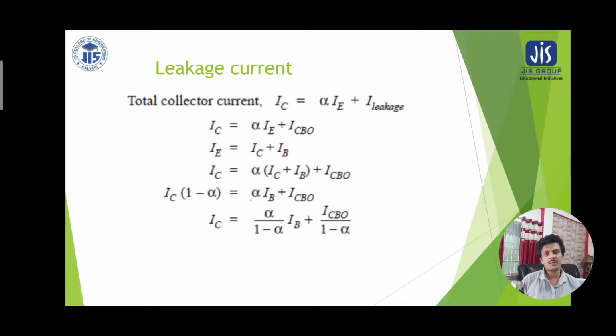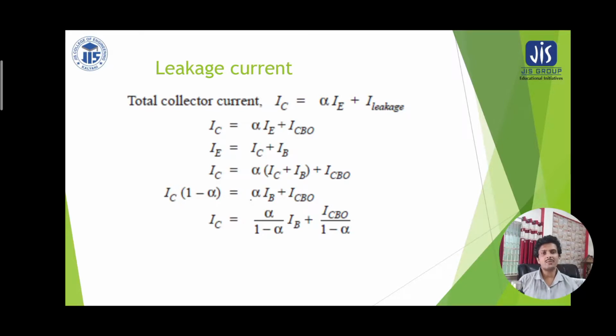So those minority holes from the collector region and minority electrons from the base region are crossing the collector base junction, and they are forming the leakage current. Now this leakage current may be termed as ICBO, because it is the collector to base leakage current when the input terminal is open, because it is the common base configuration.